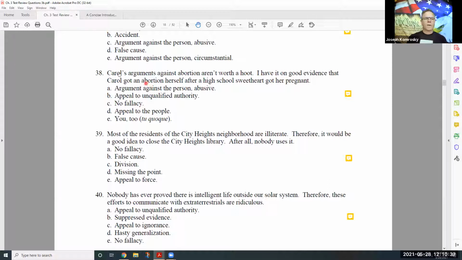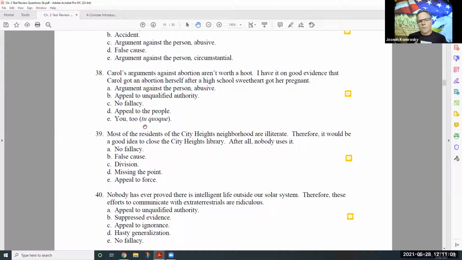But what if Carol got an abortion when she was 16? So when somebody says, yeah, I have it on good evidence, she got an abortion. Yeah, that was when she was 16. She really felt horrified at getting it. And now she's 38 and she's arguing that other women should not get an abortion. That would not be a tu quoque hypocritical. You might say the person's changed their view, but we don't know that here.